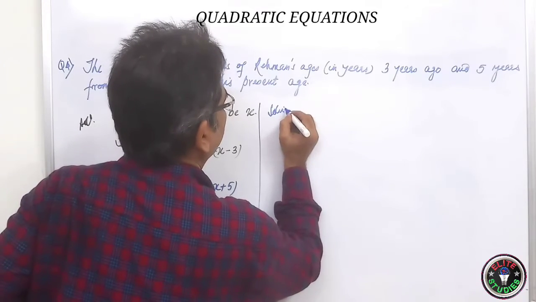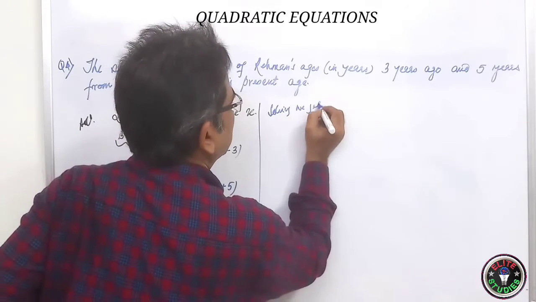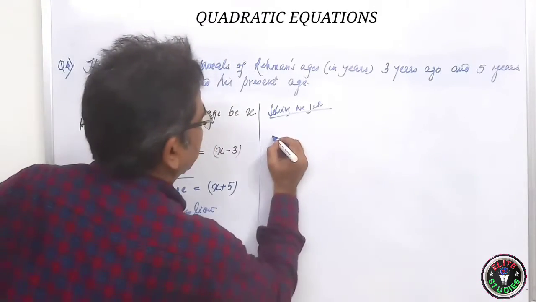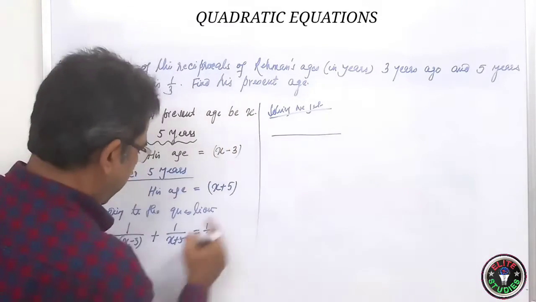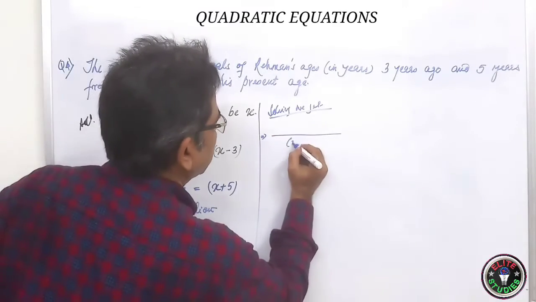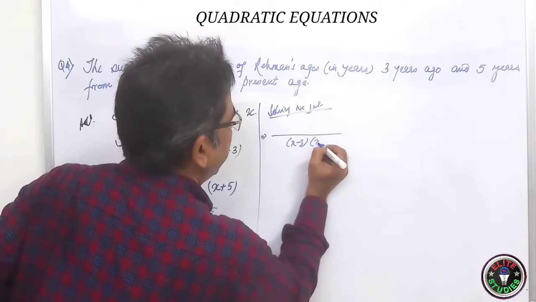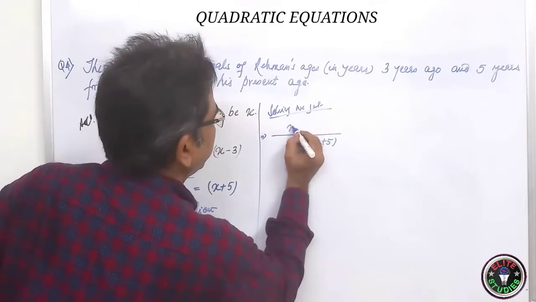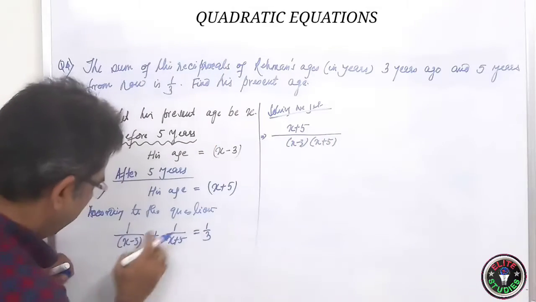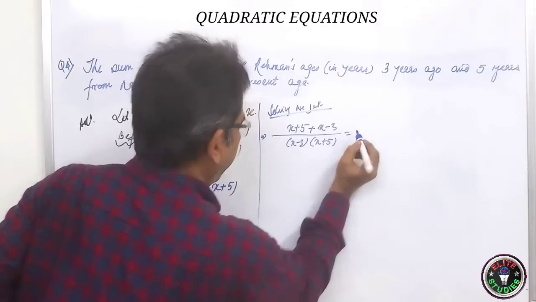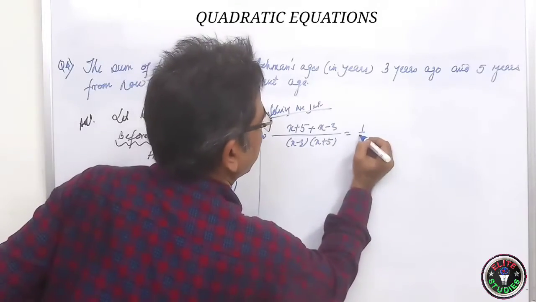Solving, we'll see what we get. Now you solve it. LCM will be (x minus 3)(x plus 5), and here it will be x plus 5 plus x minus 3 equal to 1 by 3.